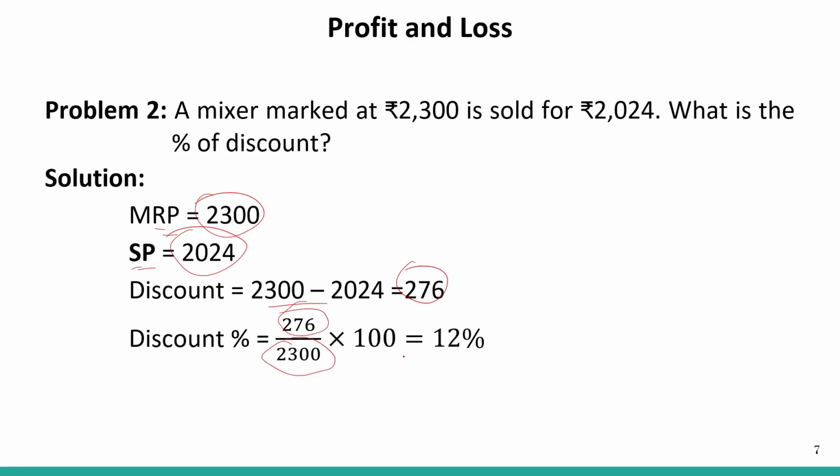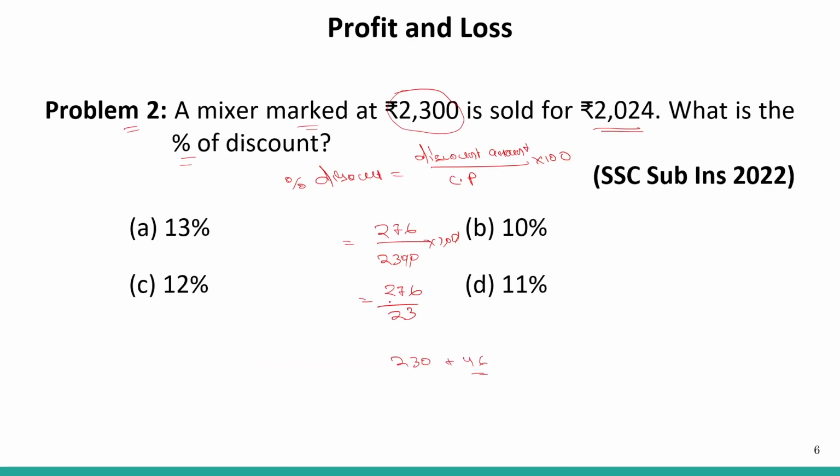Cancelling the zeros, we are left with approximately 12, not exactly equal to 12. So 12 is the correct answer here, and the others are wrong answers. This question appeared in the SSC Sub-Inspector Exam 2022.